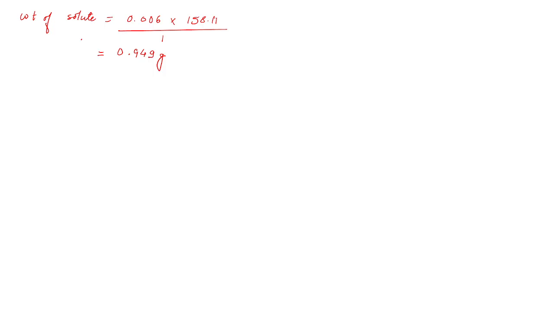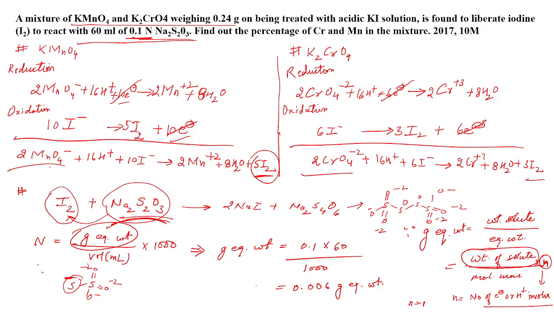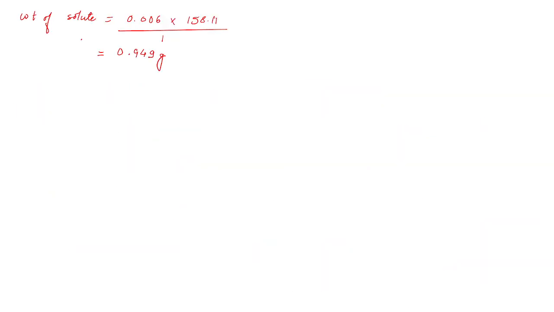Okay, so from here we were able to find out how much solute is used to react with iodine. Now with the help of this we can also calculate the amount of iodine. So look here, if you balance it you will find that this is 2. So 2 moles of Na2S2O3 react with 1 mole of I2, right?